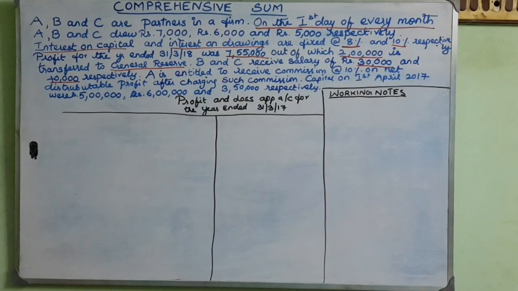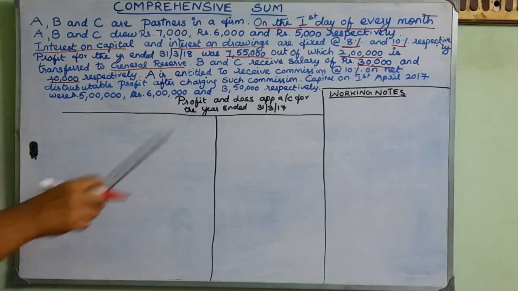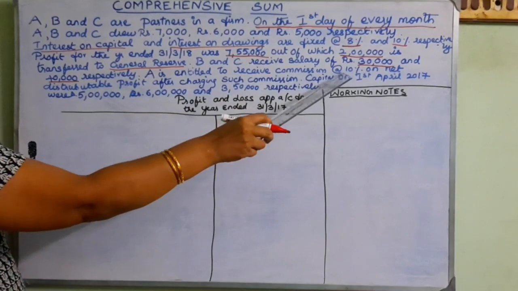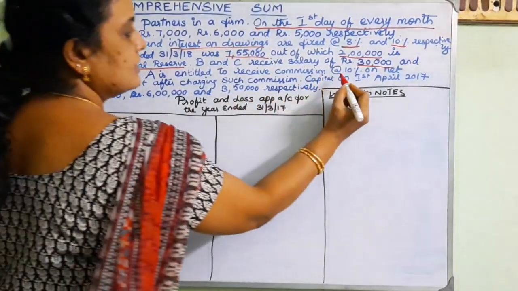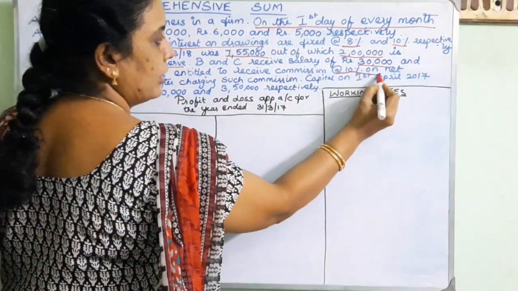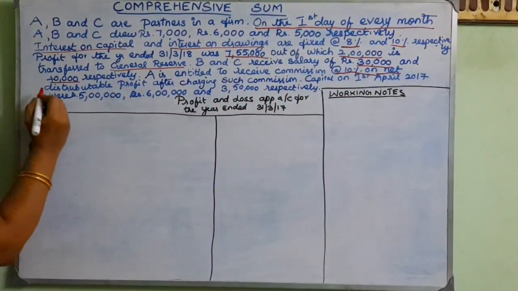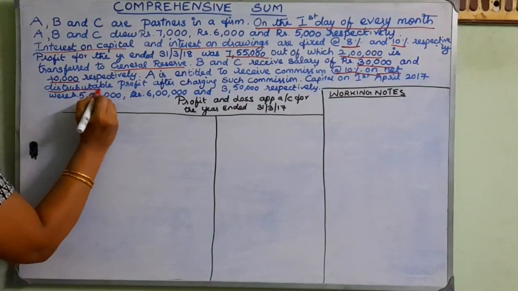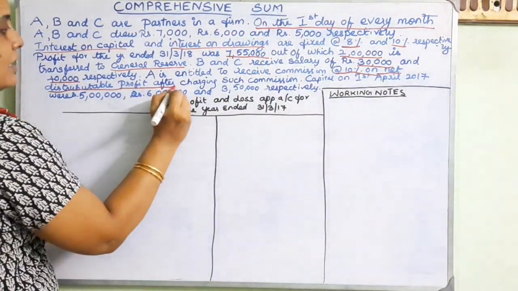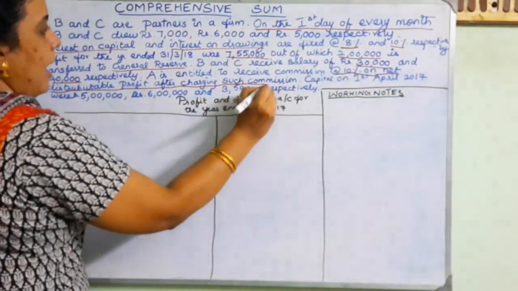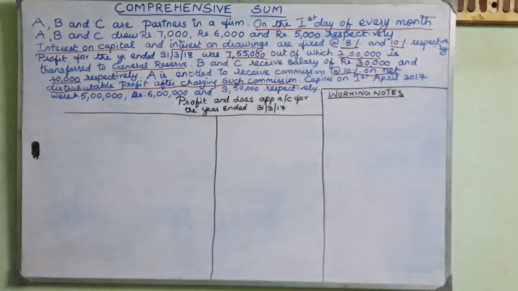A is entitled to receive commission at 10%. This line is very important: on net distributable profit after charging that commission. Please read the line very carefully.